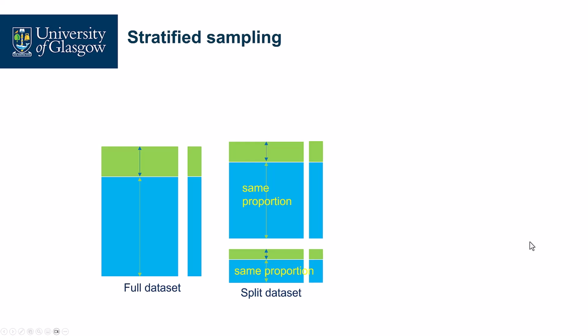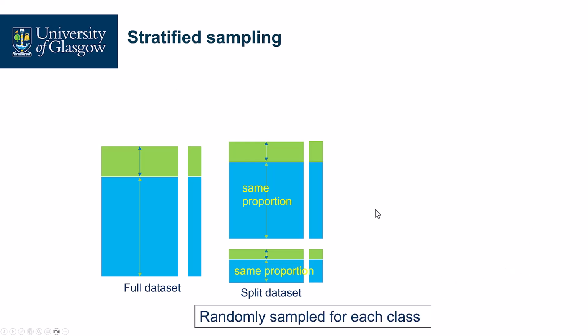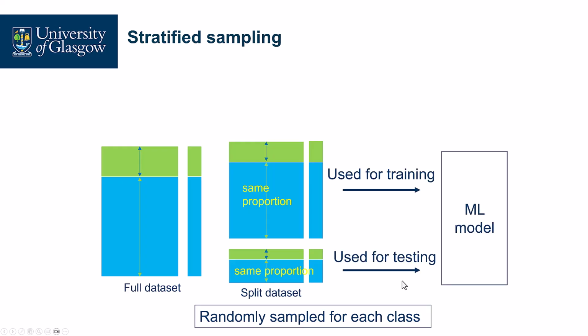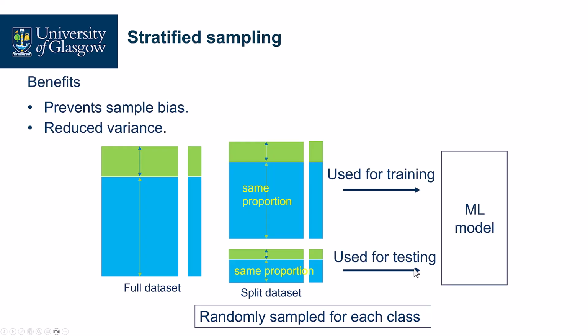And within each class, I still do random sampling. The benefits include that I prevent sample bias, so I get a better, more unbiased performance evaluation, and I also reduce the variance.